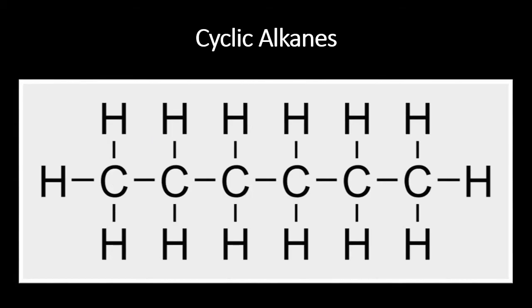Ayan, so we have here a sample straight chain alkane. Anong pangalan nito? From our first discussion on naming straight chain alkane or the unbranched and branched alkanes, alam natin na kapag 6 yung carbon atoms niya, papangalanan natin yung structure natin as hexane.